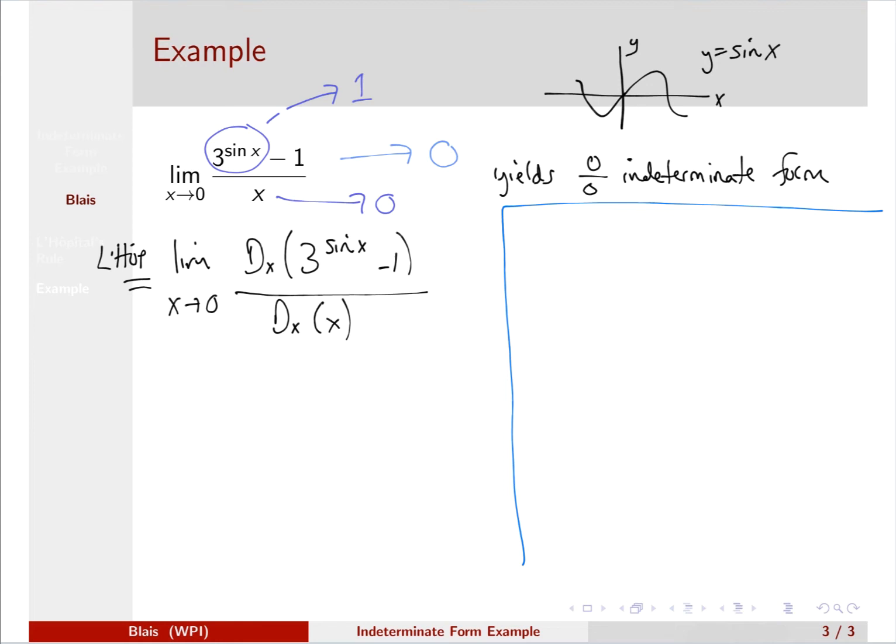So if we write 3 to the sine of x as 3 to the u, where u equals sine of x, then what we want is the derivative of 3 to the u with respect to x.